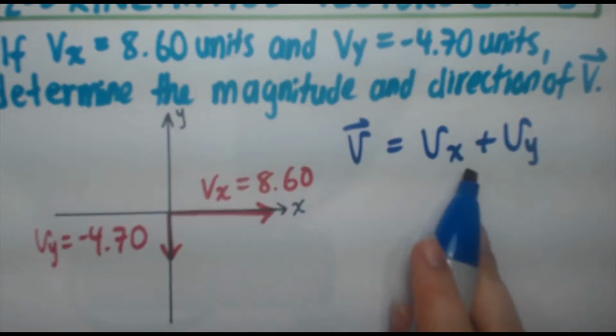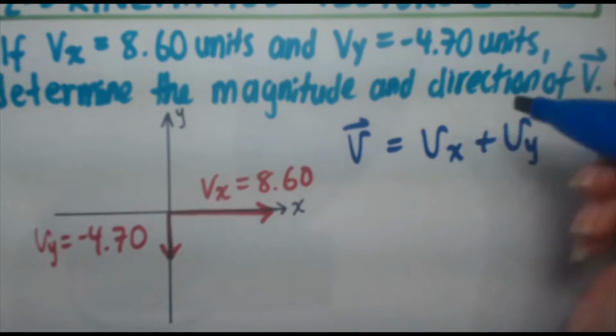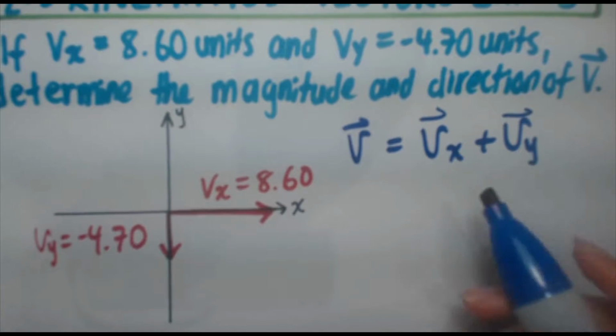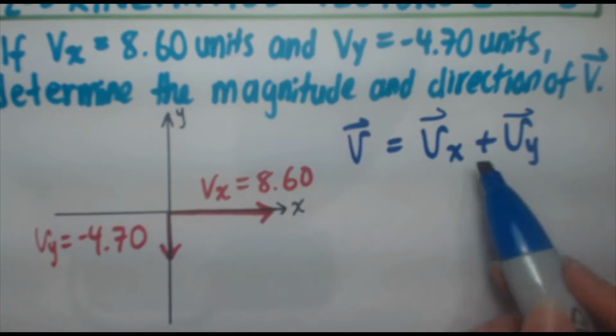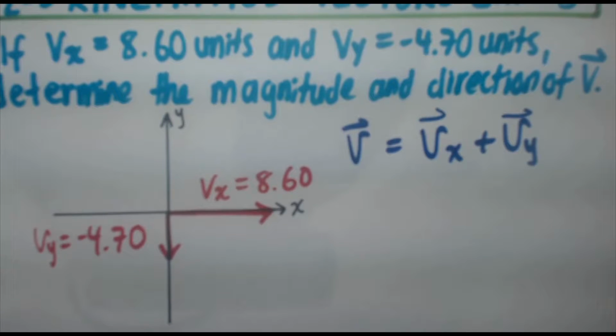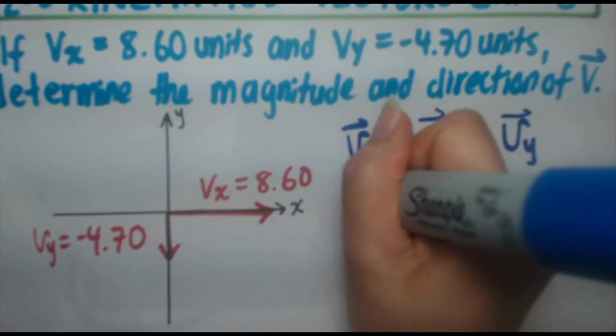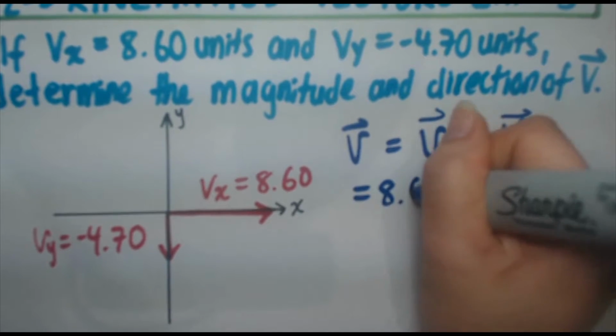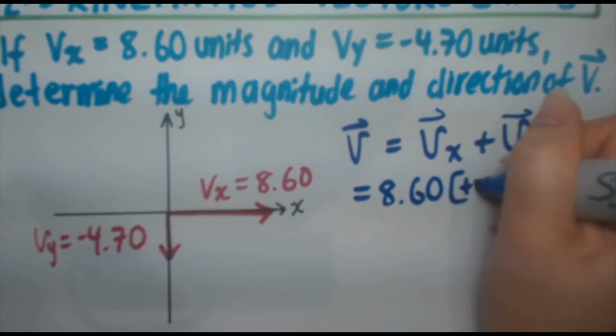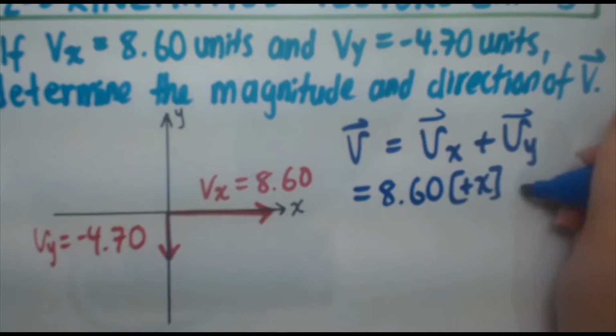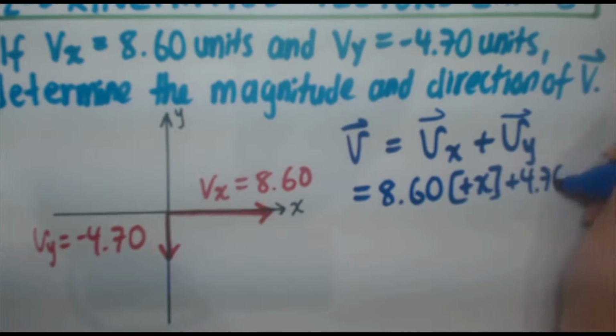Now these already are vectors, so you can put the arrows on top if you'd like. Sometimes they're drawn without arrows because the x already implies it's in the x direction. Okay, so Vx is 8.60 in the positive x direction. Vy is 4.70 in the negative y direction.